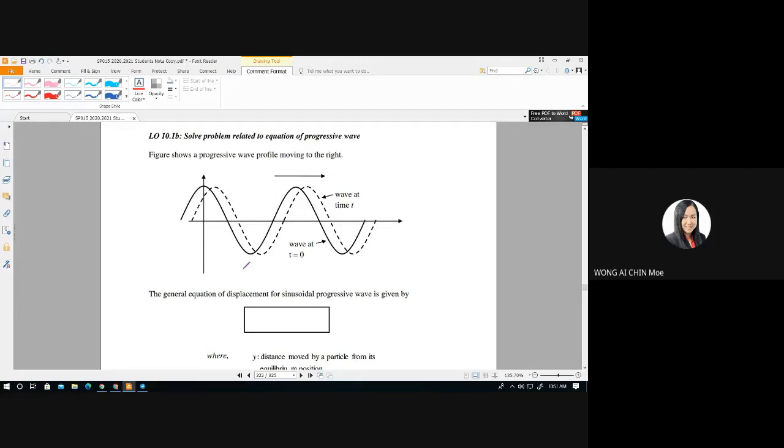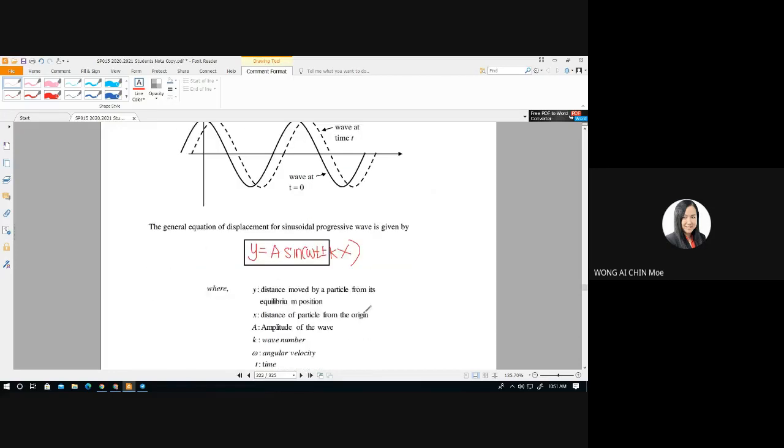10.1b. Solve the problems related to the equations. So, secara general, the general equation of the displacement we write as y equals A sine omega t plus minus kx.